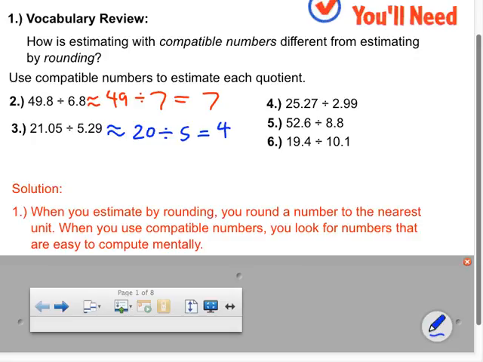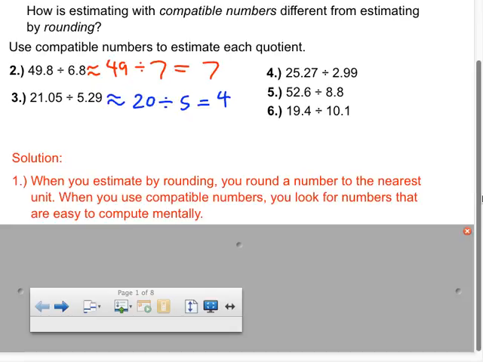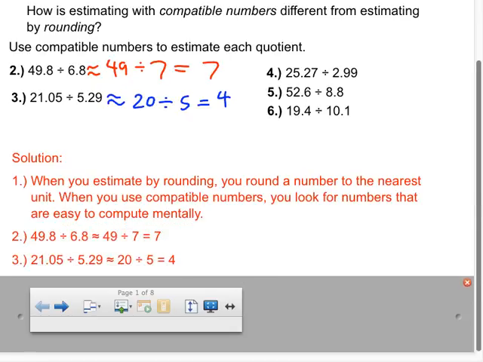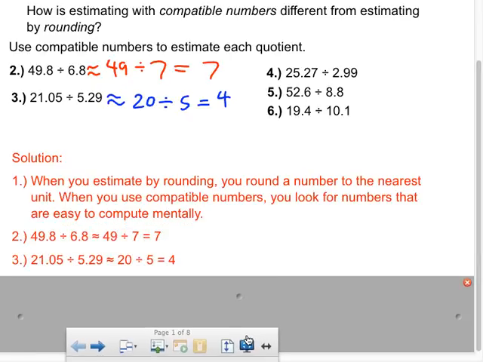Who can do number 4? Let me make us some more room here. So there's number 1, 2, and 3. Let's try to do number 4. Who's got number 4? Yes, Lauren. Nice.